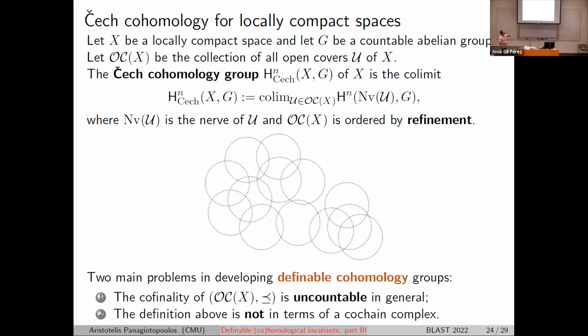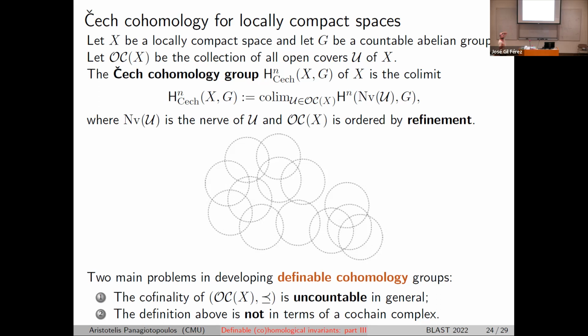So every time you have an open cover, you can associate a simplicial complex, and therefore take its cohomology from the previous slide. Then as these open covers become finer and finer, this gives you a directed system of cohomology groups which collect more and more data from how the space looks. And in the limit, you get what is called Čech cohomology.